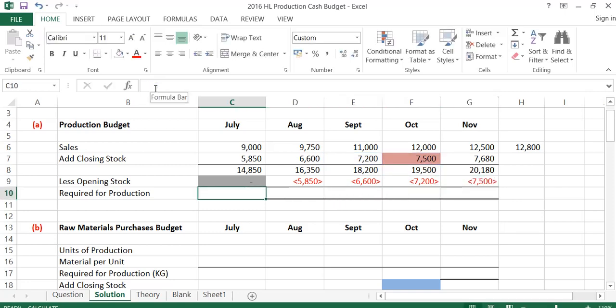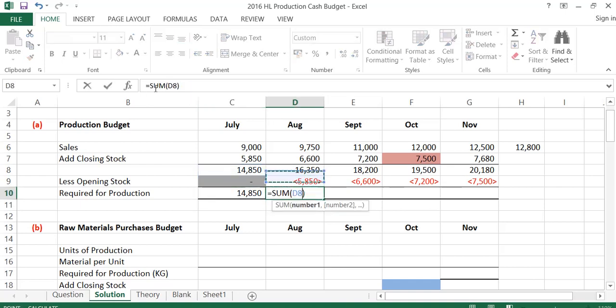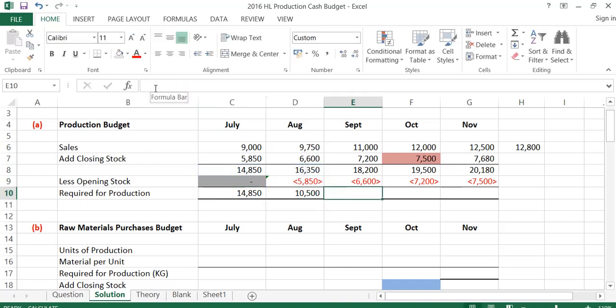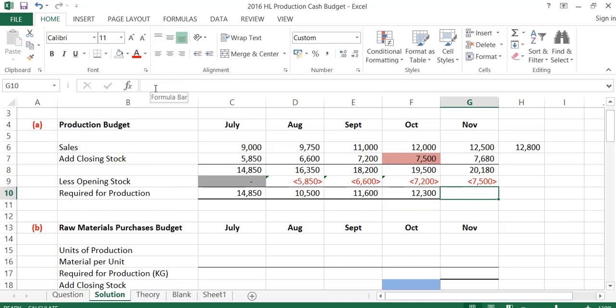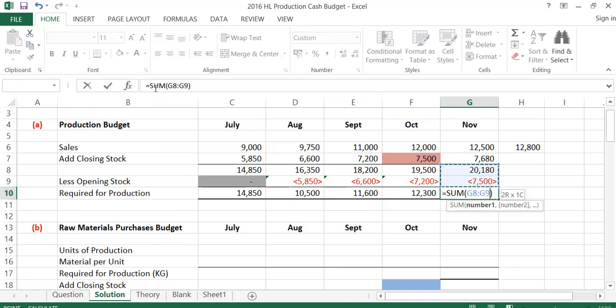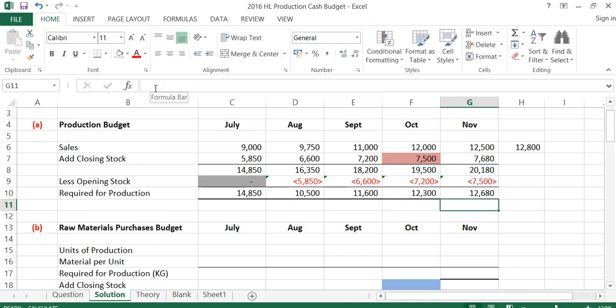And now I'll add down each month, which will give us the number of units that we need to produce each month to make the required sales. Okay, so that's part A of the question done.